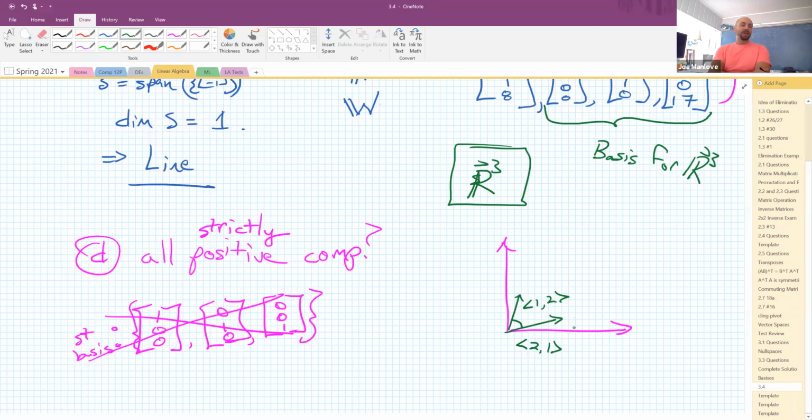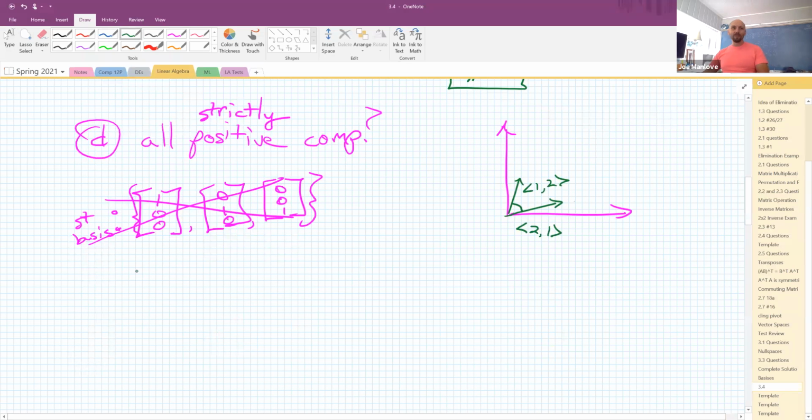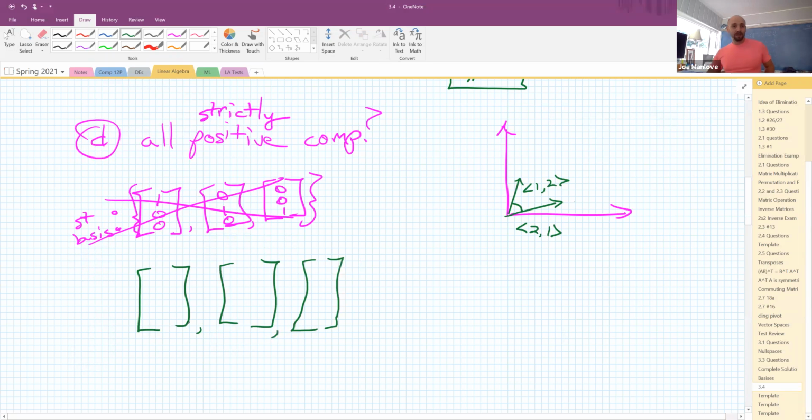but not all bases have to have that property. So I think I can make a spanning set out of vectors with strictly positive components, and I'm going to do that using basically the same logic. So we're going to scale this up to 3 dimensions. Whoops. Let's scale that one up to 3.5 dimensions, I guess.